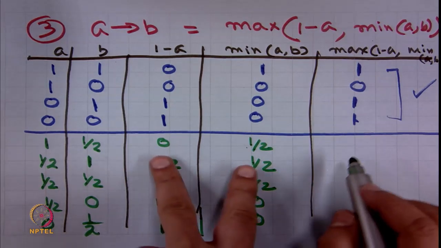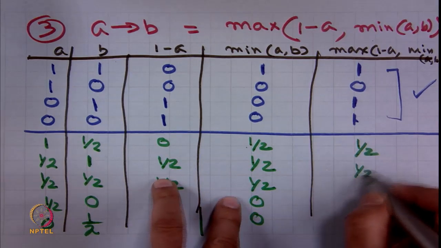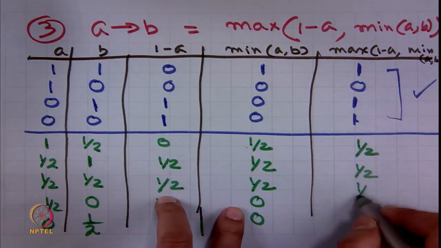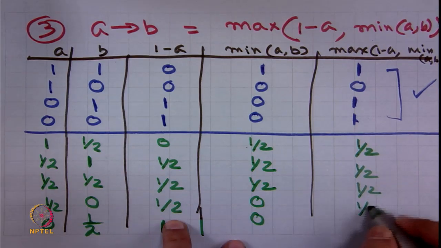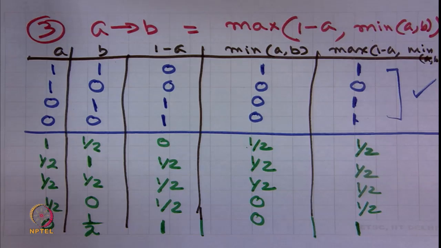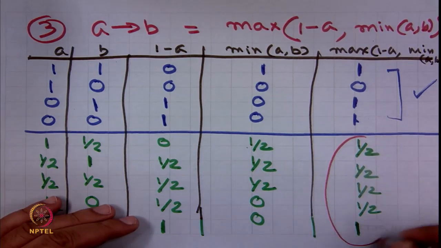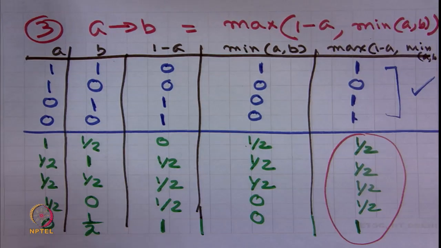Now, we have to take the maximum of these two, it is half, half, half, half and 1, and we see that we get another set of values which are different from the earlier ones.